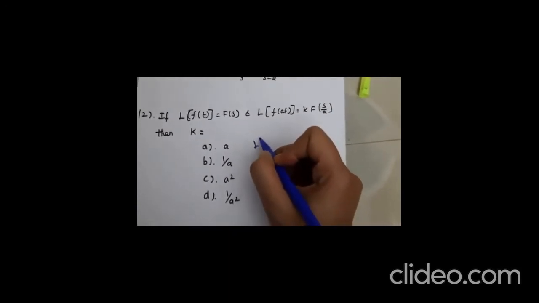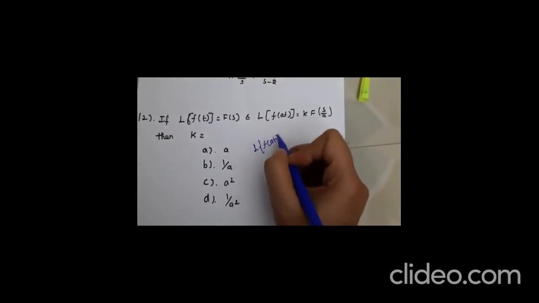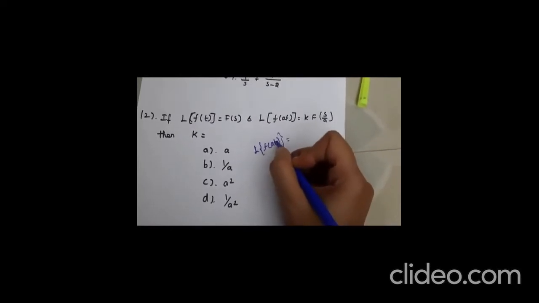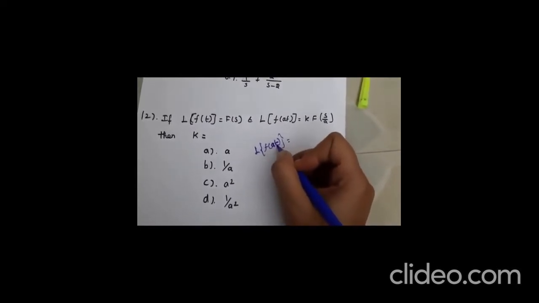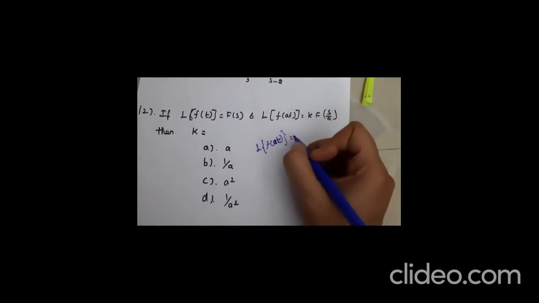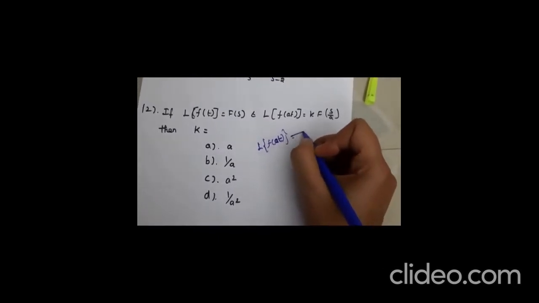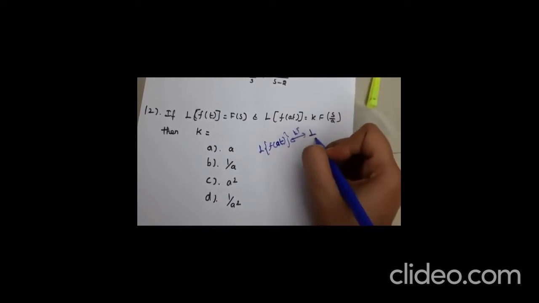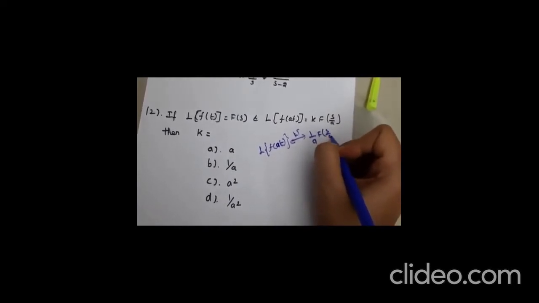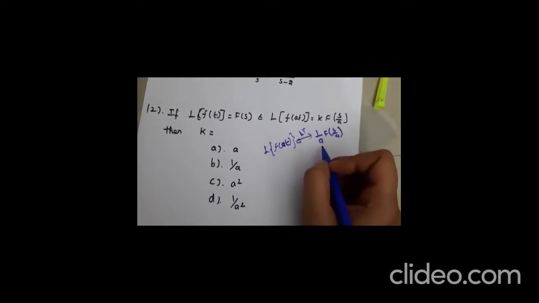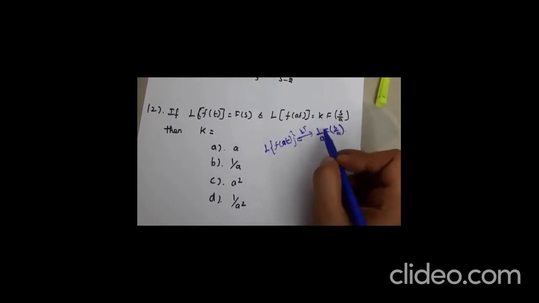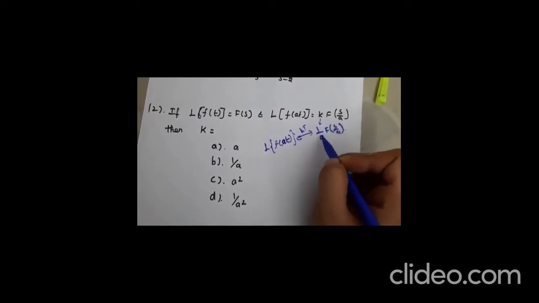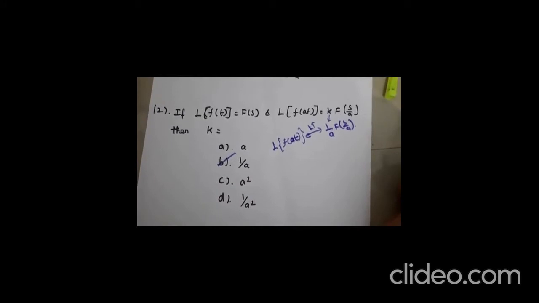The property is that if you multiply the time with any constant, the Laplace transform becomes 1 by a into F of s by a. So this is the property. Here they have given this 1 by a as k. You have to find the k value. So k is similar to 1 by a. So here the answer is B, 1 by a.